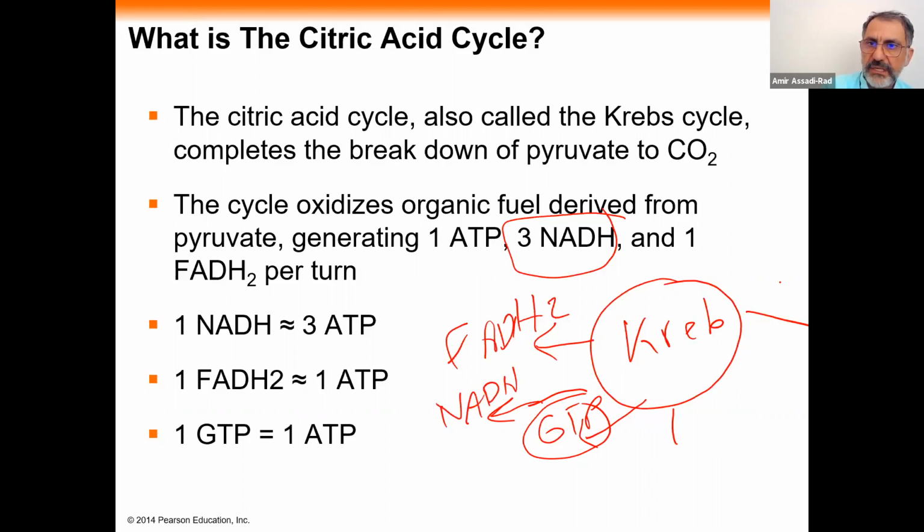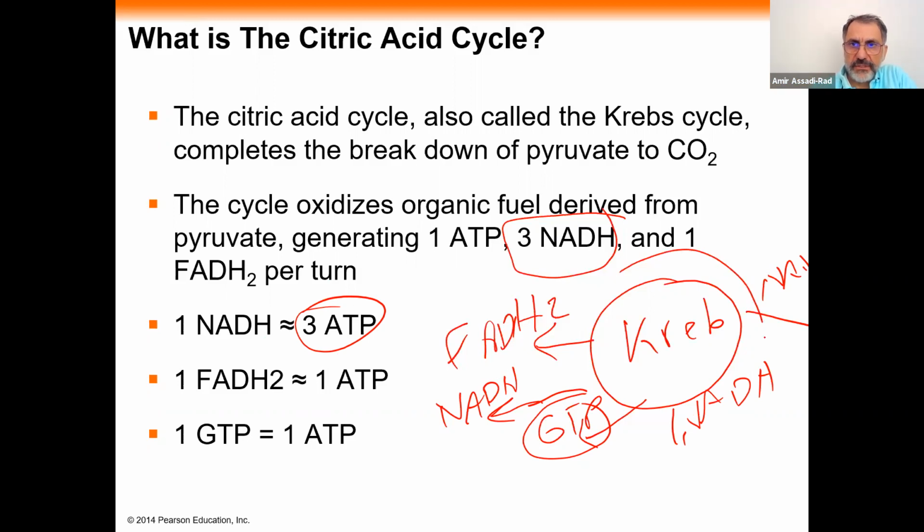The NADHs give you 3 ATP each. So the Krebs cycle goes around once for each pyruvate, and with one glucose molecule, the Krebs cycle goes around twice. Remember that.